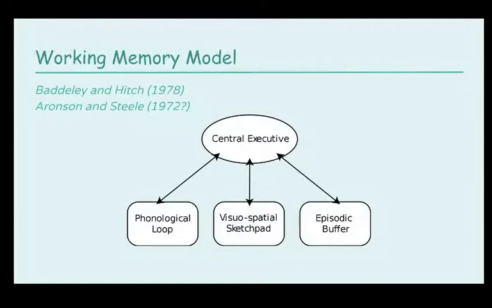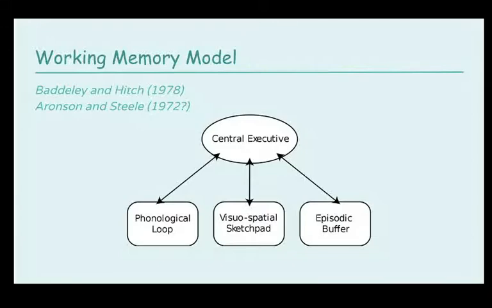The phonological loop has something to do with phonological stuff. Basically, what that means is it has something to do with auditory information, and the visual spatial sketchpad has something to do with visual and spatial related attributes, and the episodic buffer has the purpose of transferring these two into the long-term memory.